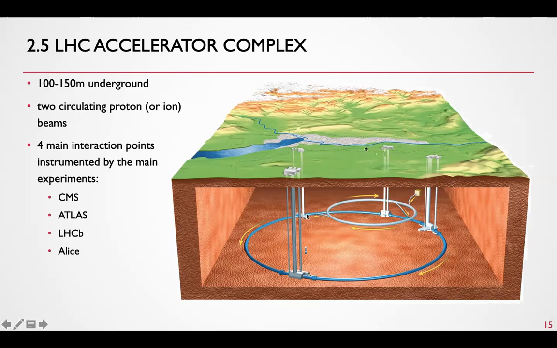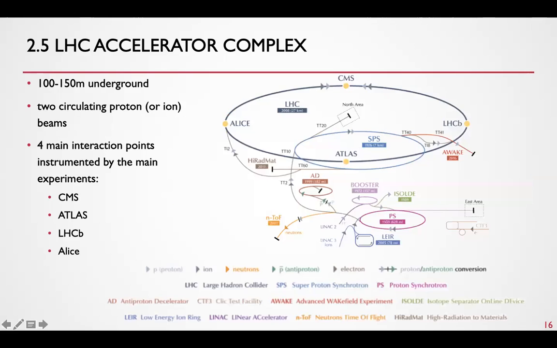And then there are the other experiments, LHCb and ALICE. This figure includes the pre-acceleration stage. Here I'm not going to go into details. There are several hundreds of experiments being conducted at CERN in the LHC, in the vicinity and the wider area of the LHC accelerator complex.